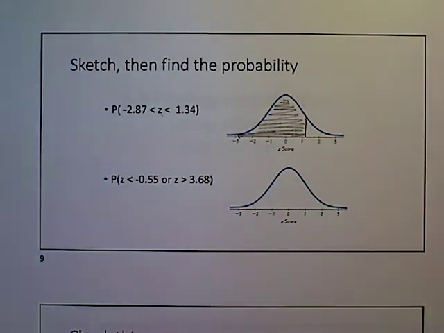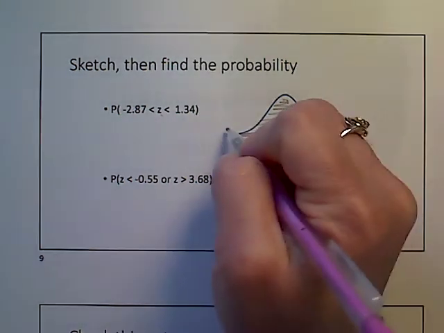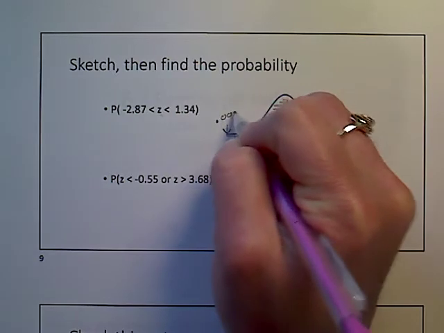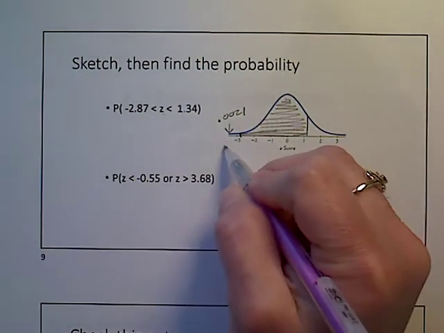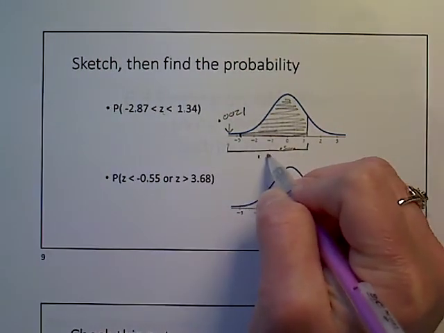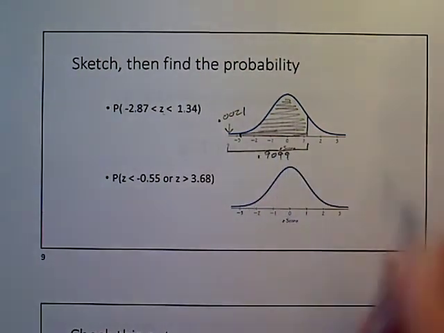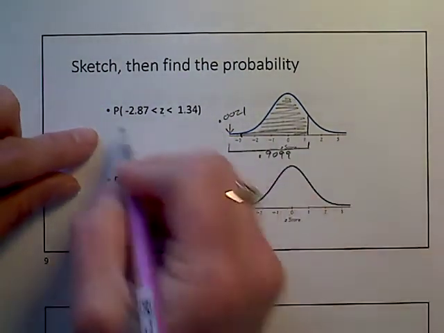I'm going to go look up -2.87. -2.87 is 0.0021, and I'm going to go look up 1.34. 1.34 is all of this, which is 0.9099, and I'm subtracting this little piece off.